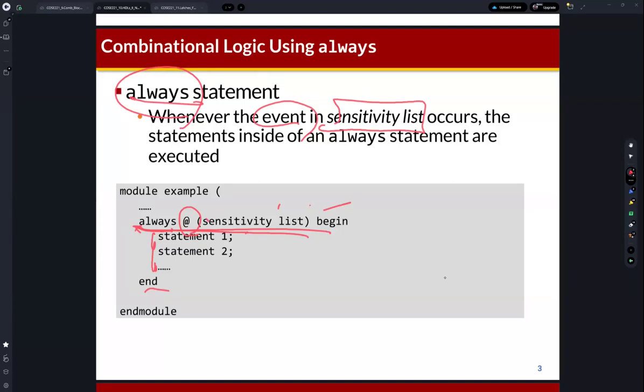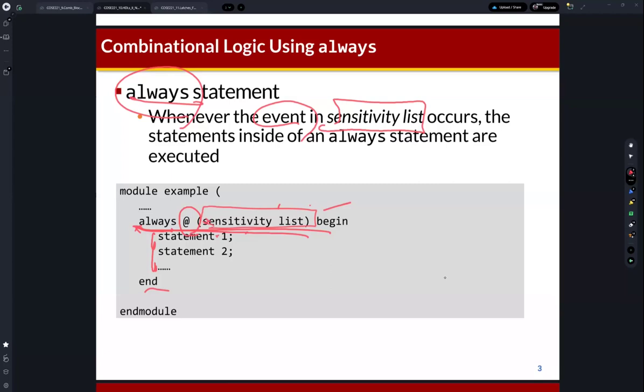There is a sensitivity list, and if the condition of this sensitivity list is met, so it's true. It's not kind of true or false, because the sensitivity list just lists some changed signals. So it monitors the changes of signals.